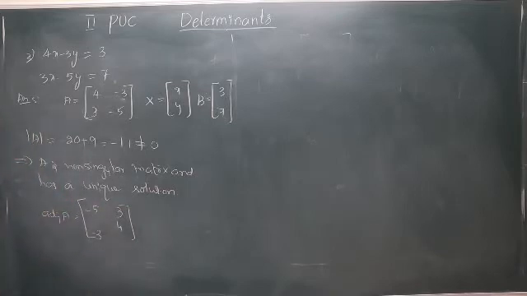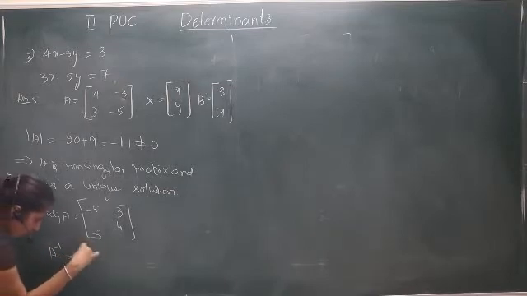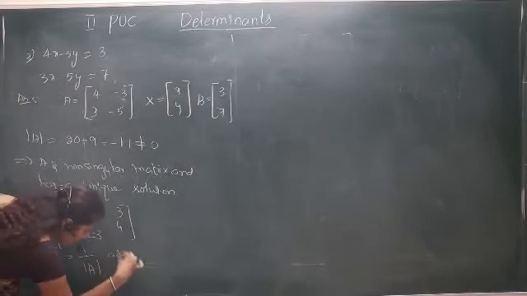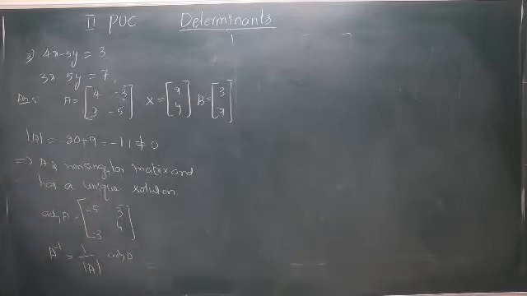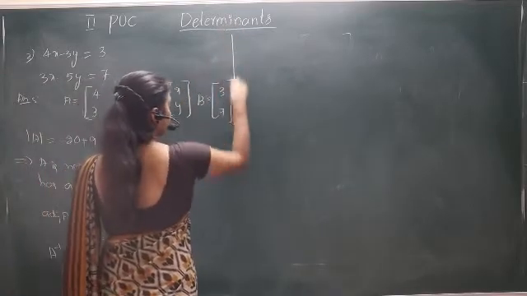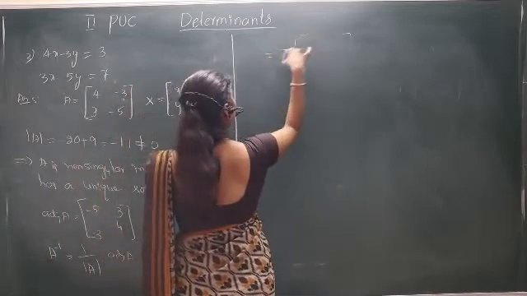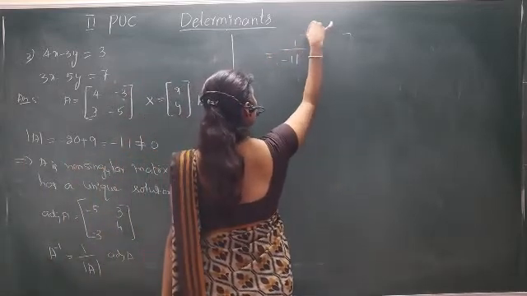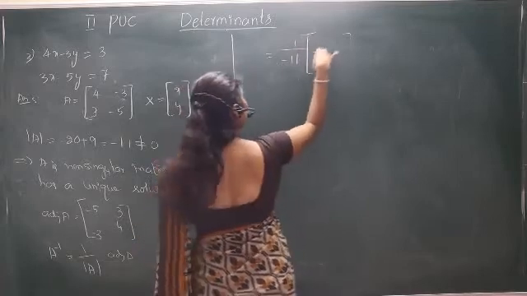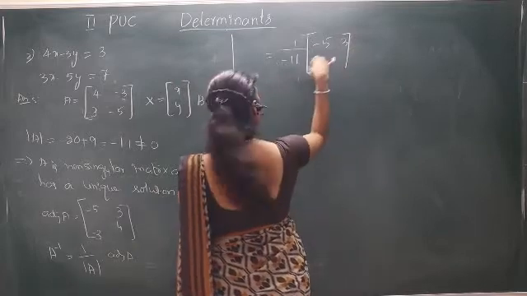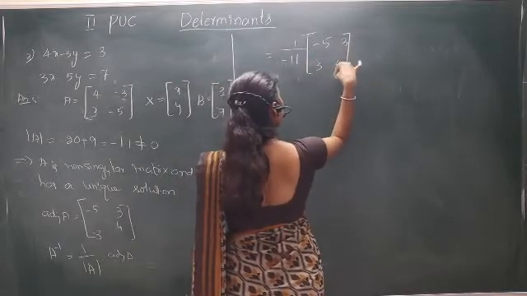Then we have to calculate A inverse. So A inverse is equal to 1 by determinant of A into adjoint of A. So that will be equal to 1 by minus 11 into adjoint of A. Adjoint of A is minus 5, 3, minus 3, 4.